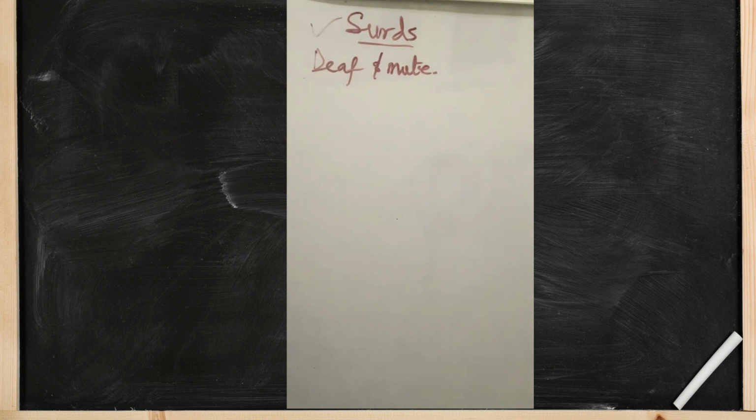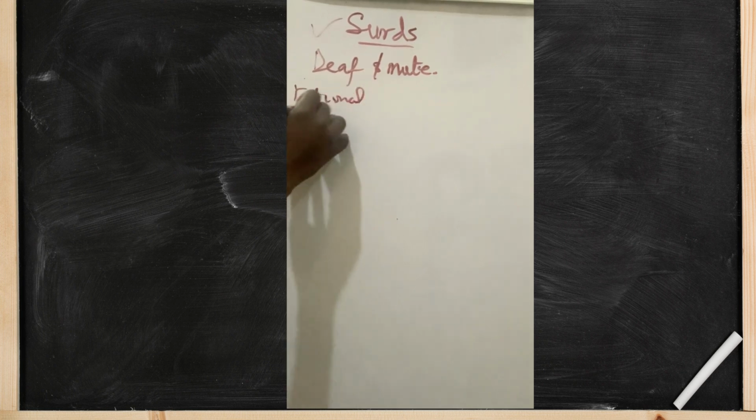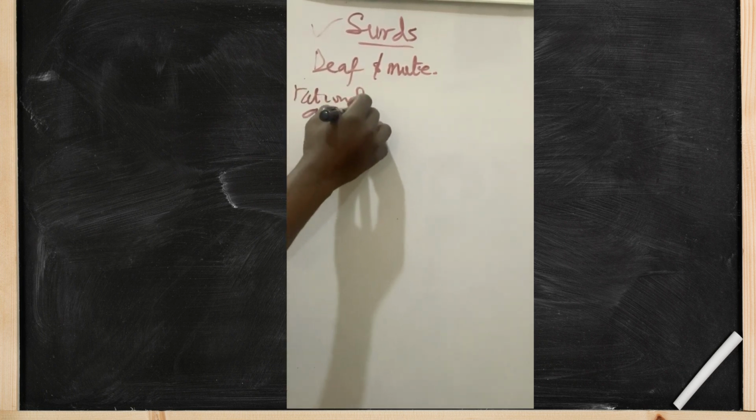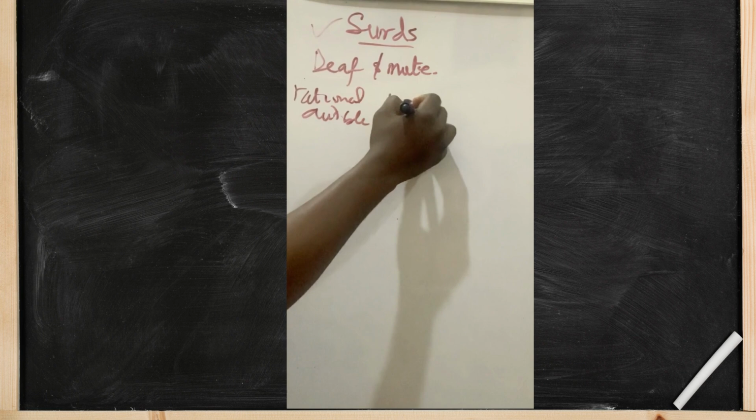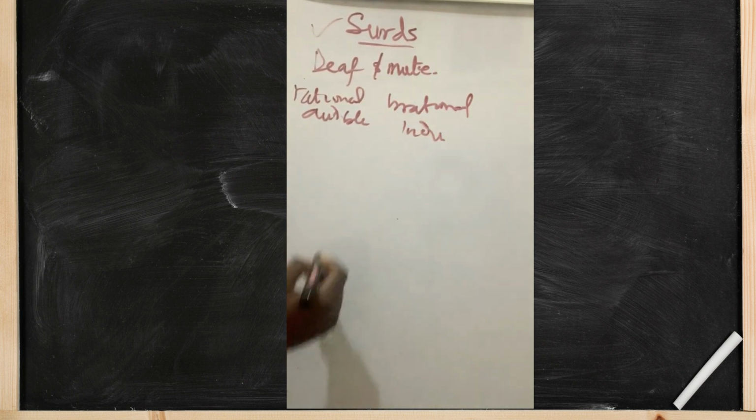In the ancient days, rational numbers were looked at as audible and irrational numbers as inaudible.